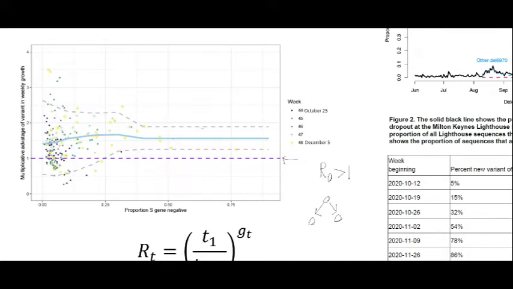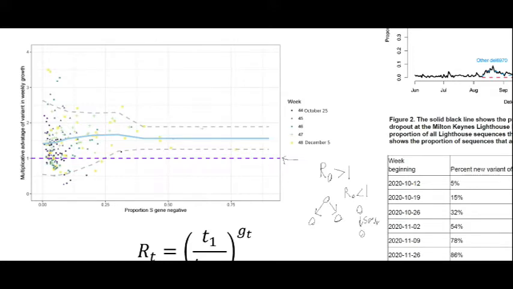Whereas if R naught is less than 1, then on average that person may pass it on. So if it was, say, 0.5, you could say there was a 50% chance that they would pass it to another person.